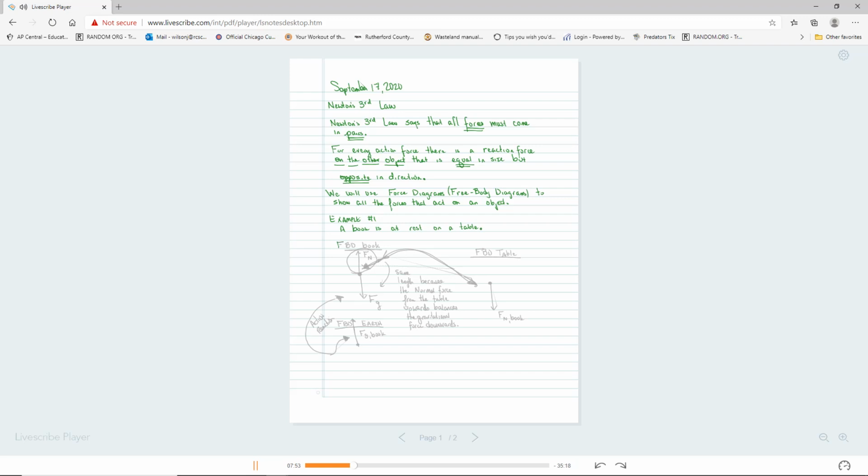So here's the free body diagram for the book. The first thing we do is we illustrate the book as a dot in space. We don't want to have to draw the actual physical picture. I don't want to have to draw it because I'm not very good at that. I can do boxes really well.